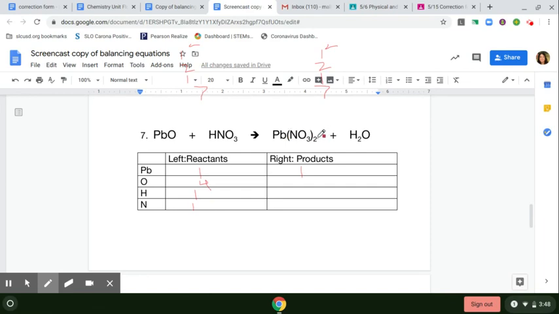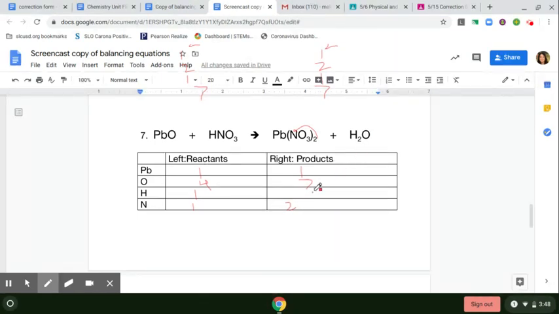So 2 times my nitrogen means I have 2 nitrogens. And I have 3 atoms of oxygen times 2. That means 6. But don't forget I have 1 over here, and that's 7. So I have a 7 here. And then what am I missing? Oh, my hydrogens. And I have 2 hydrogens here, the H2.